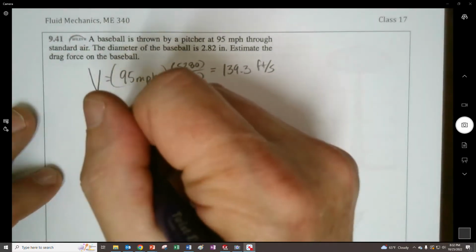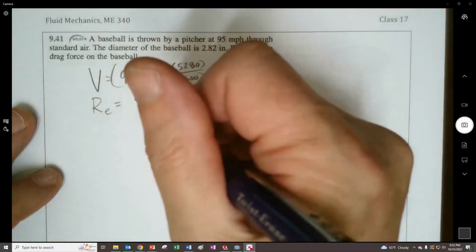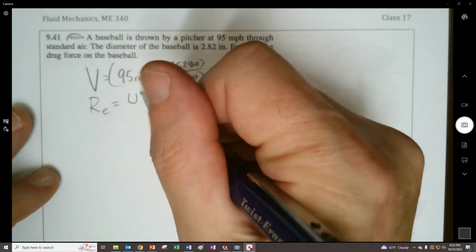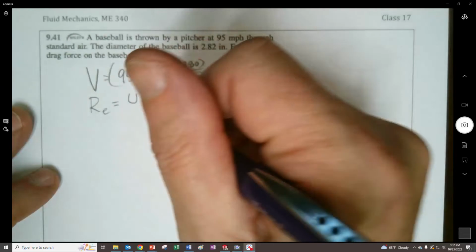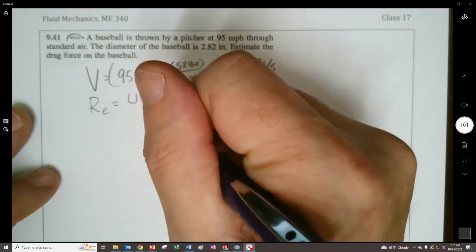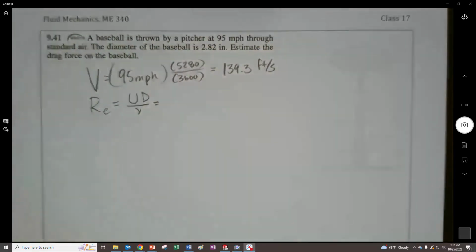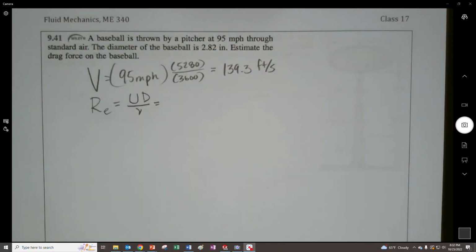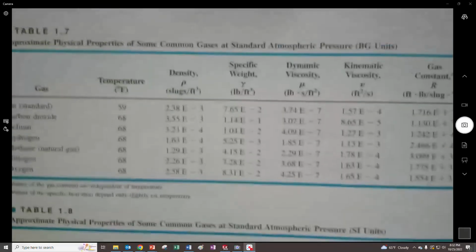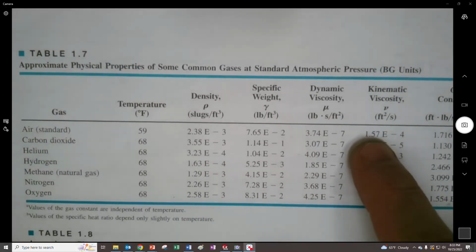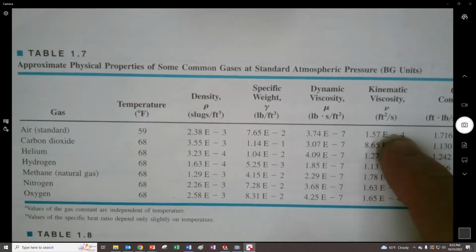We can take the Reynolds number from this, and that's going to be the velocity, I'm using U and V interchangeably here, by the way, times the diameter divided by the kinematic viscosity. If we look up our kinematic viscosity for air in US units, we get 1.57 E minus 4 foot squared per second.